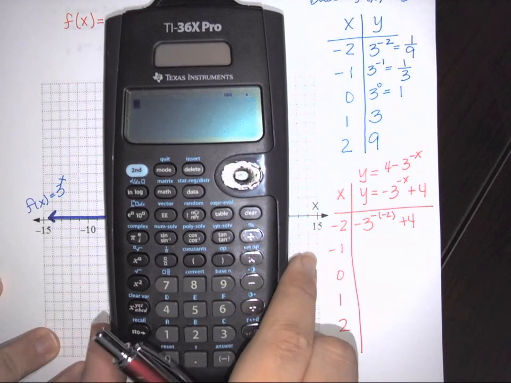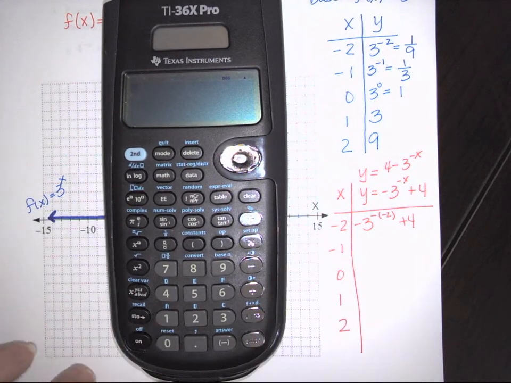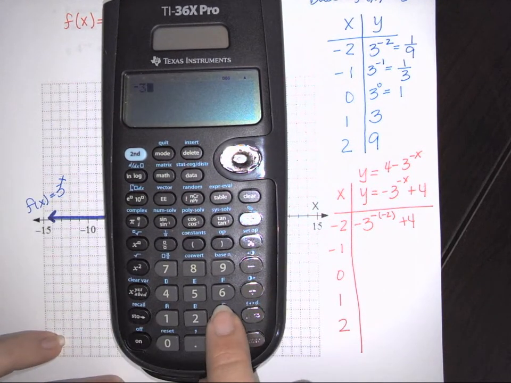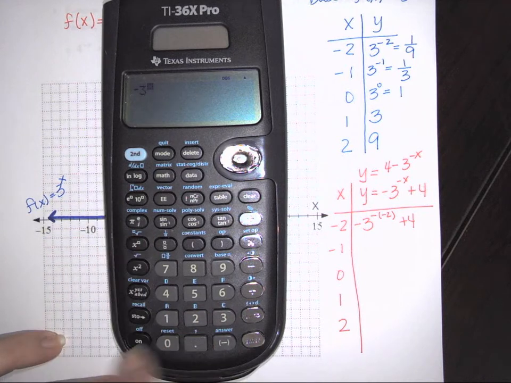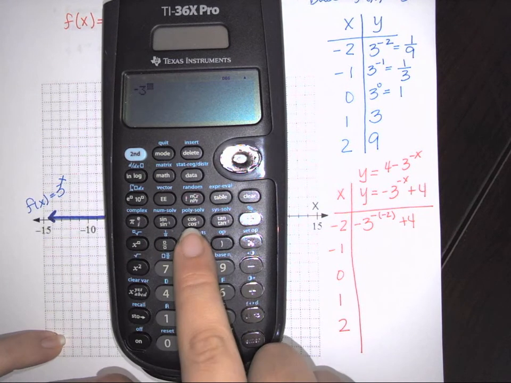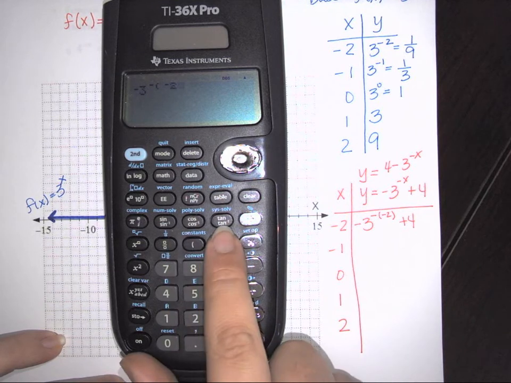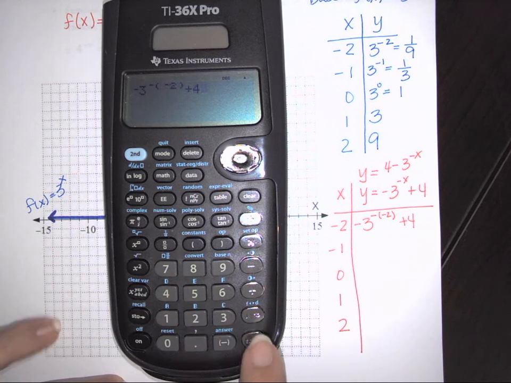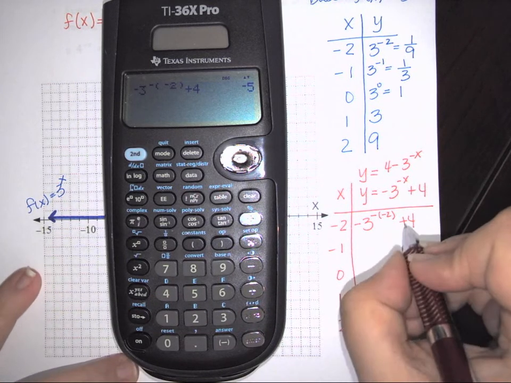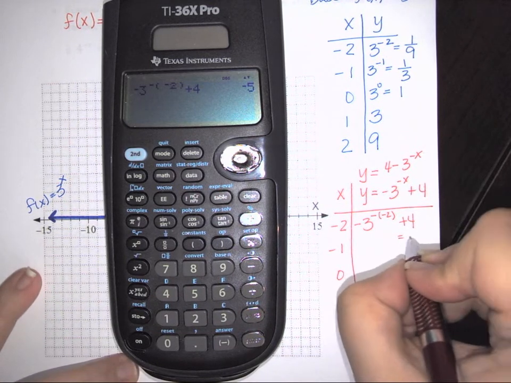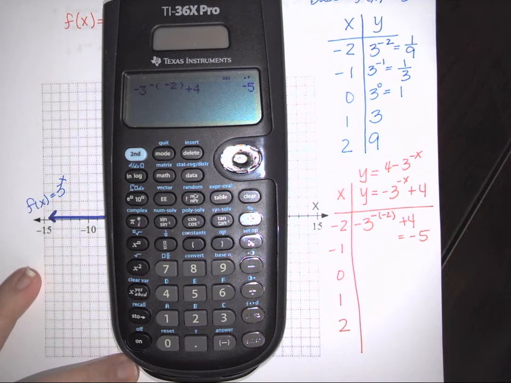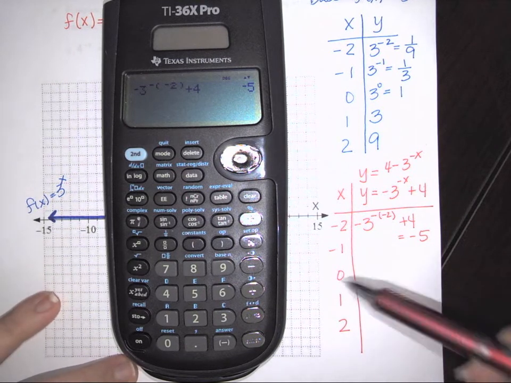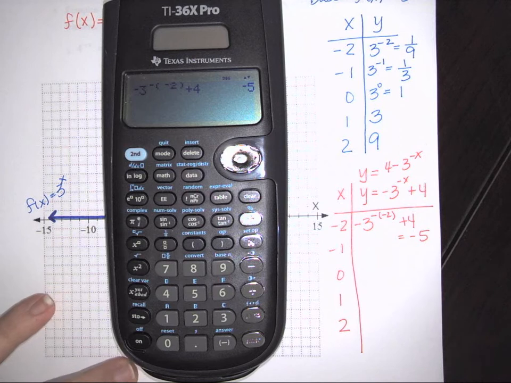So in your calculator, you would do negative 3, raise your power, and negative, open a parenthesis of the negative 2, and then we have plus 4 equals, and this gives us negative 5. We would do the same thing for negative 1, 0, 1, and 2.